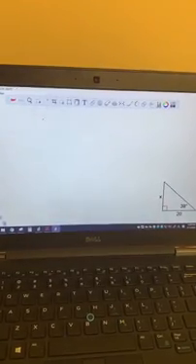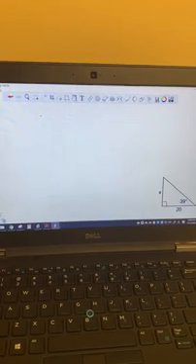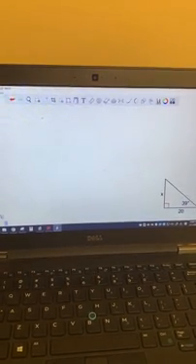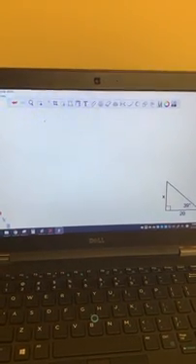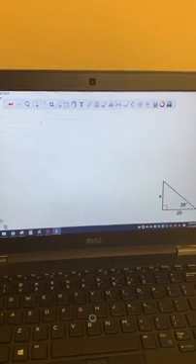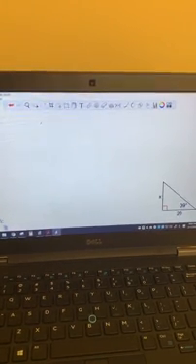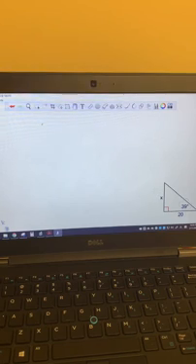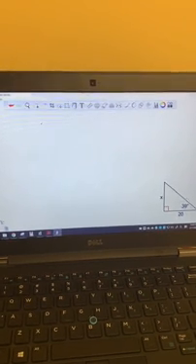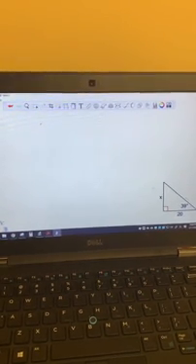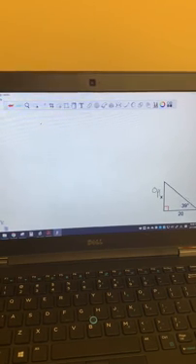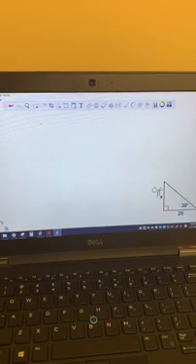As we can see, we have to look at this angle, and so we know that the opposite side that we're looking at is x. So this is opposite, because it's on the opposite side, and the one right next to it, the one touching it, is adjacent.